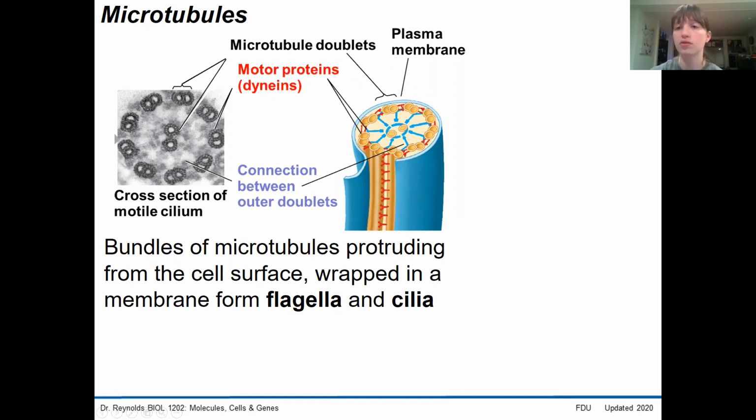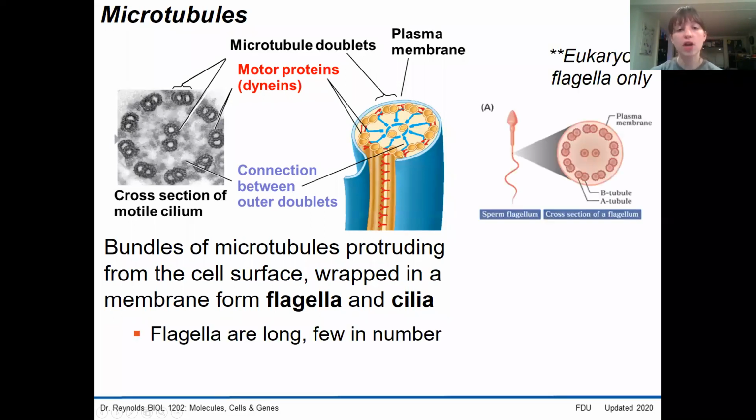And the motor proteins responsible for the movement of these organelles are connecting that central pair with the ones around it. We call these motor proteins dyneins, and they're connecting those doublets together. Now recall that this is a eukaryotic structure, so this is how eukaryotic flagella move only. I just want to point that out because it's a little different from bacteria.